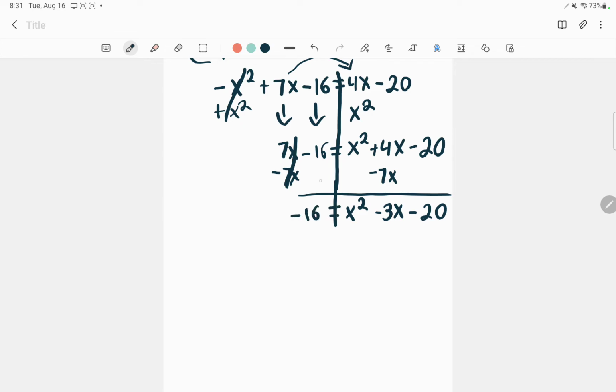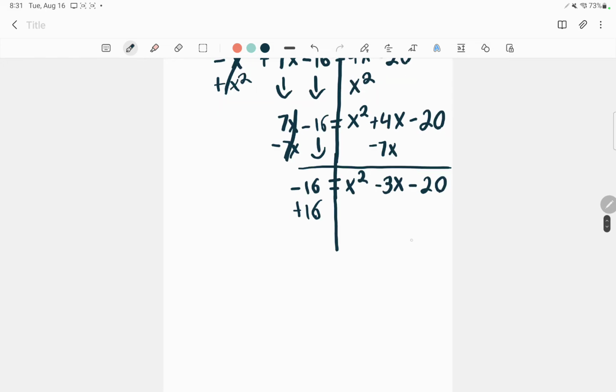We're just going to bring the negative 16 down. And the final thing I need to do is plus 16, plus 16. And this is going to be our final answer. It's going to be 0 over here is equal to x squared minus 3x minus what? 4.